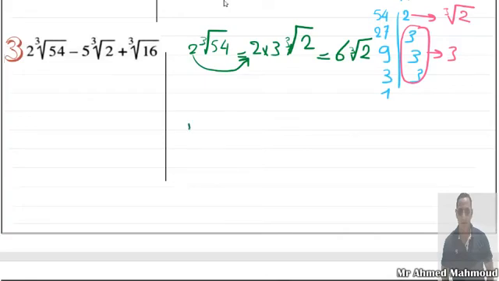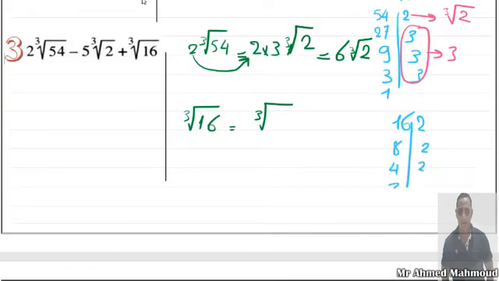Okay, here we have cubic root 16 equals cubic root like this, and factorize 16, divide by 2 is 8, by 2 is 4, by 2 is 2, by 2 is 1, and select 3 like factors.